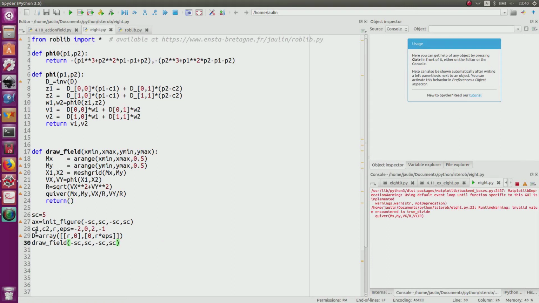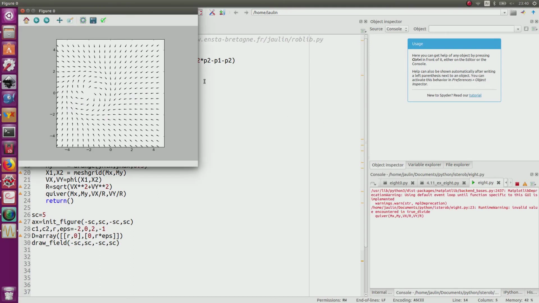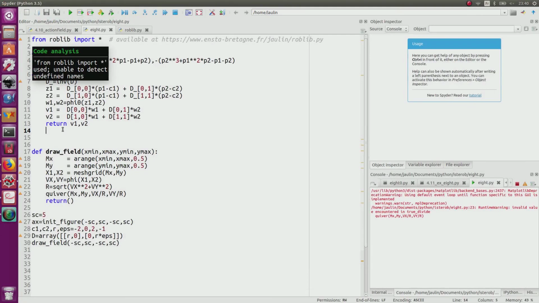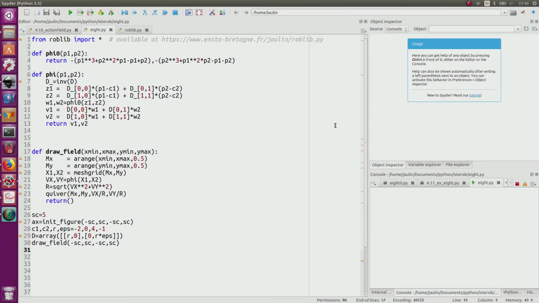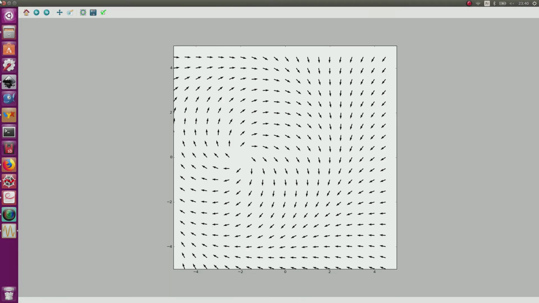So it means that C1 will make me move to the left. And if now I want to change the radius, here it is 2, but if I want something bigger, I will put 4, which is represented here.